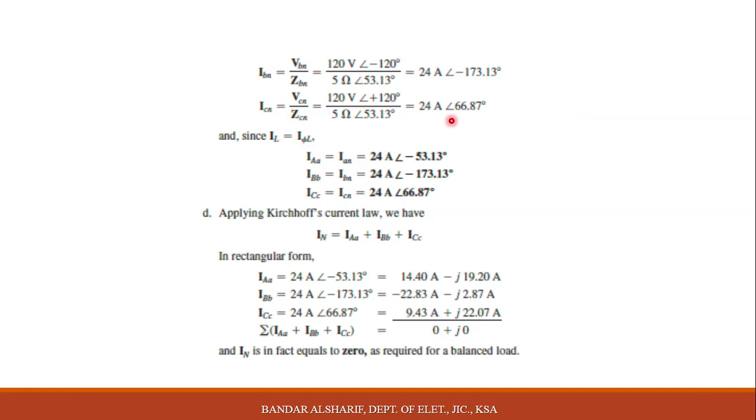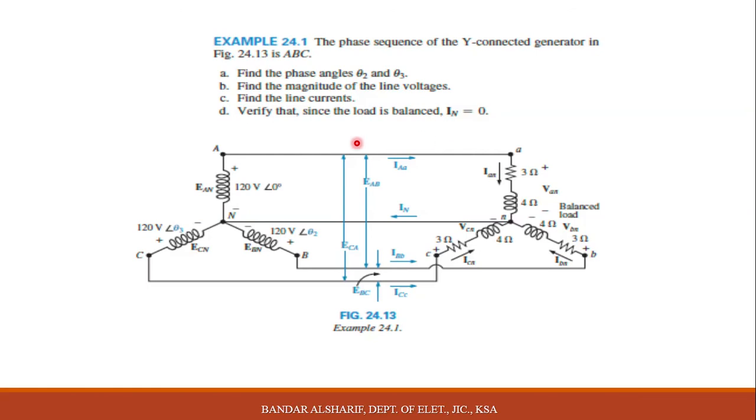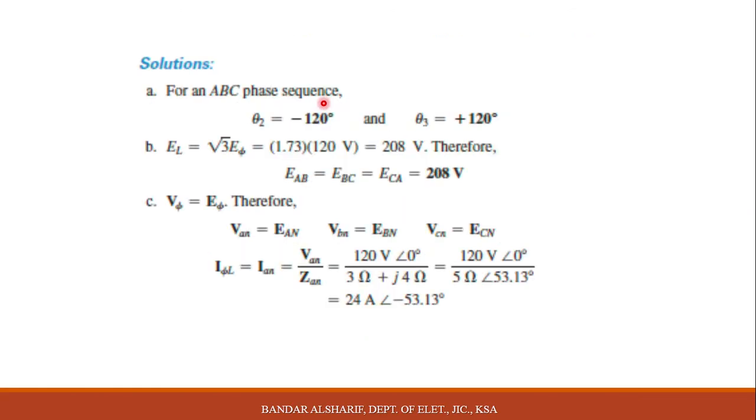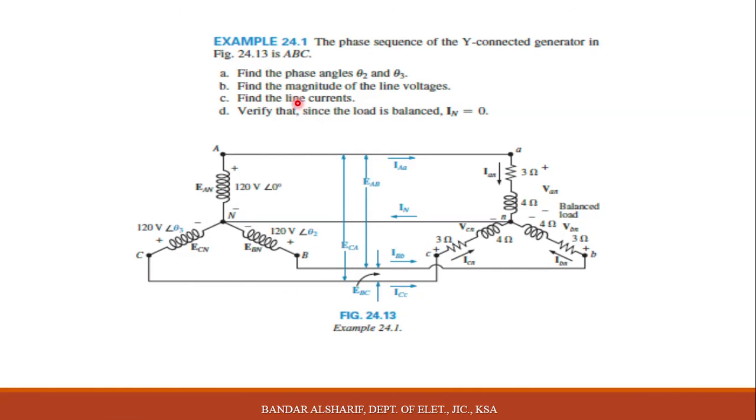But our question was about line value. Find the line current, not phase current. But we cannot find the line current before finding the phase current. And in Y connection it is the same, but in the next section, with the source Y and the load delta, you will see the difference.